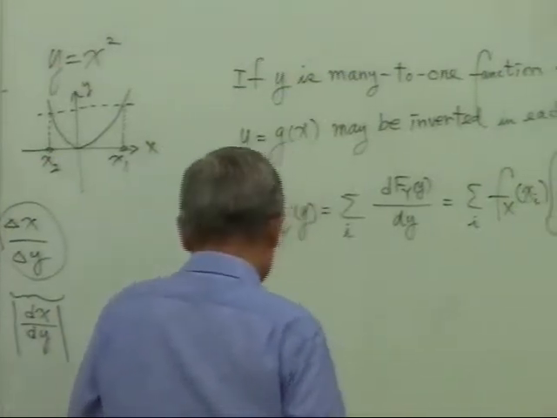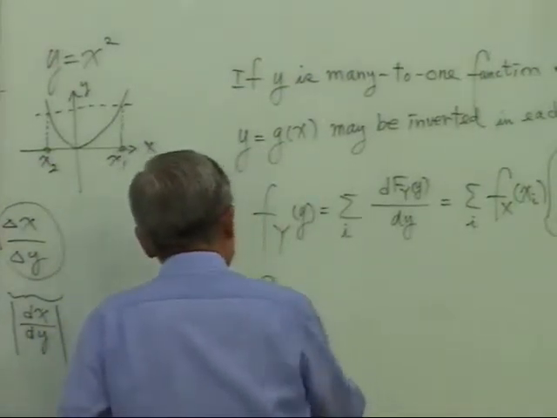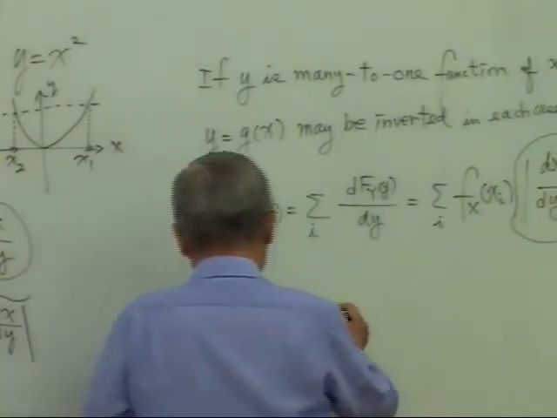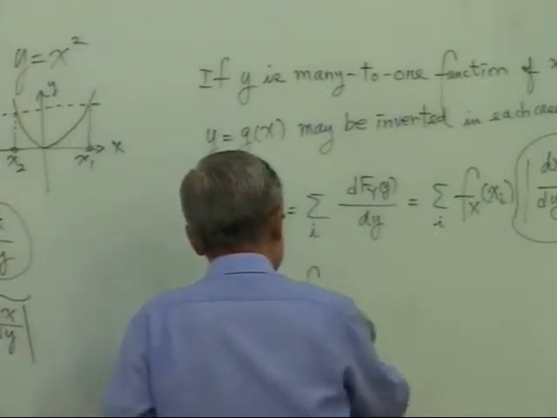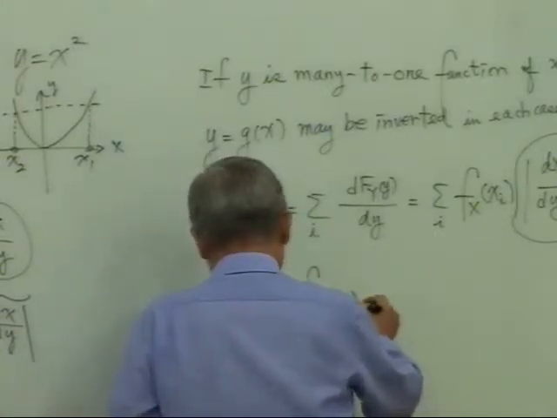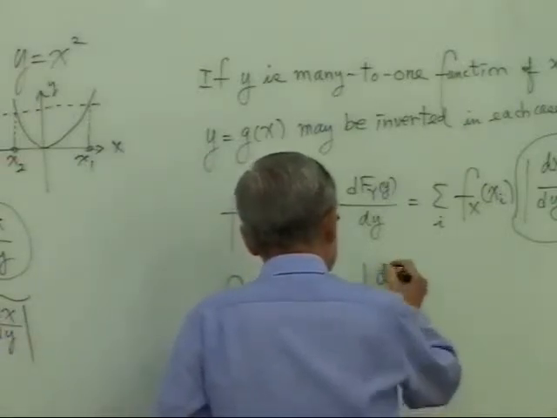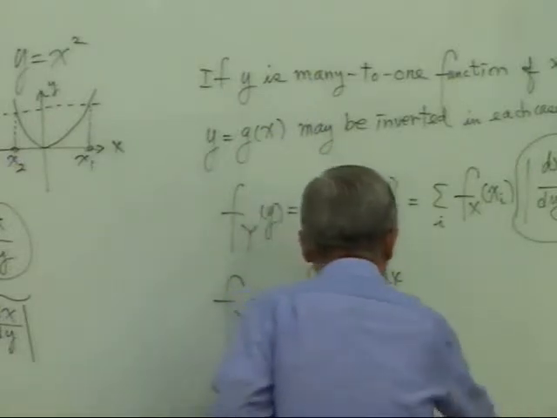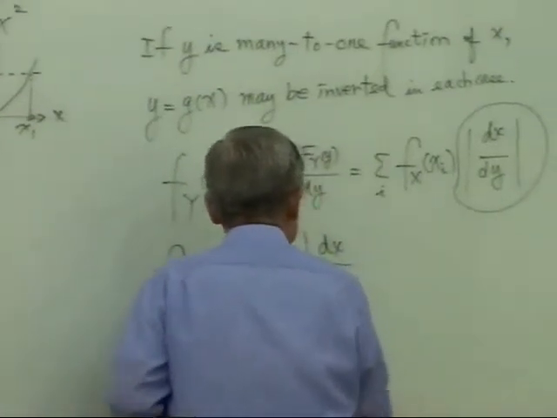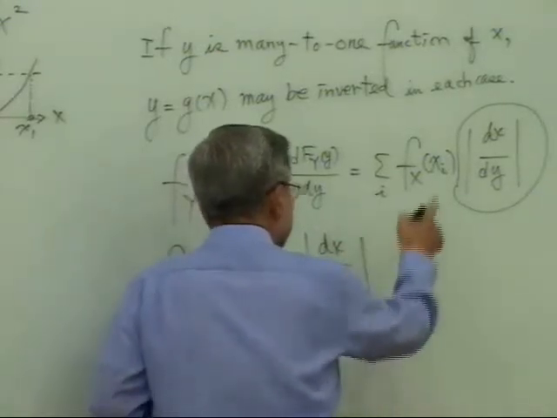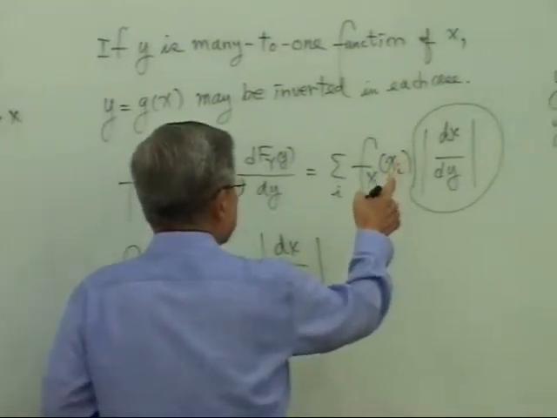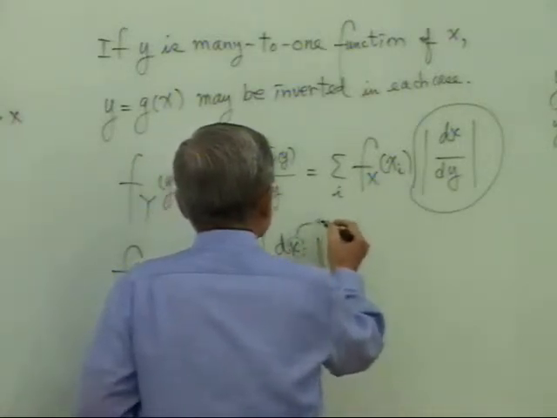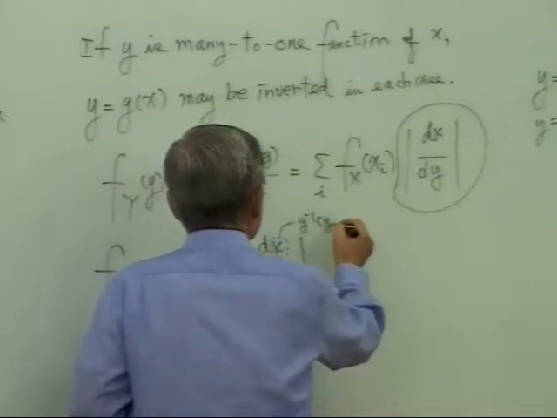So if you do that, now I can write f_Y(y) is equal to f_X(x1) dx over dy, but x is, using the notation, the inverse function. So this x is g to the minus 1 of y.